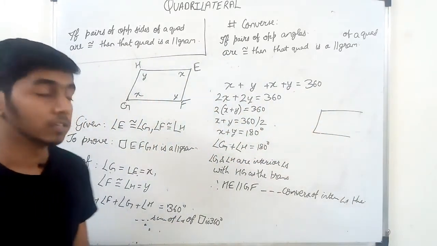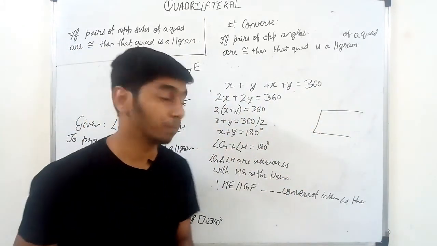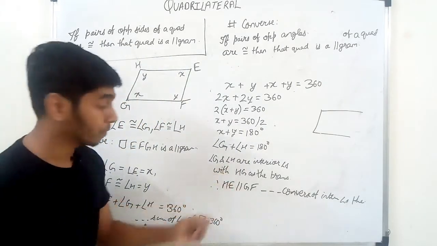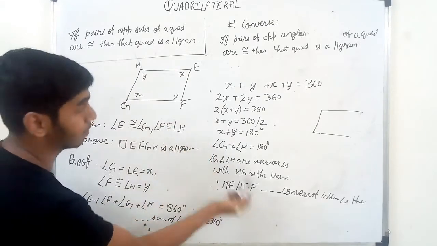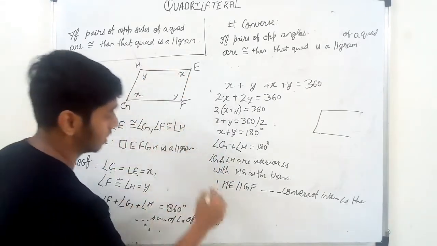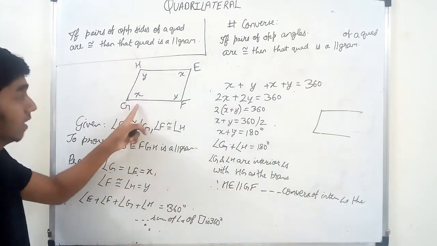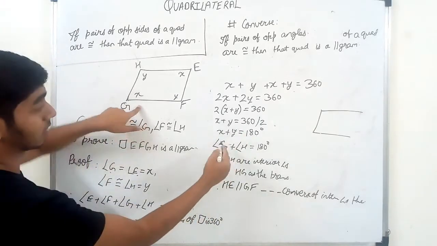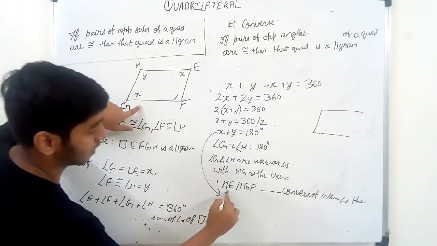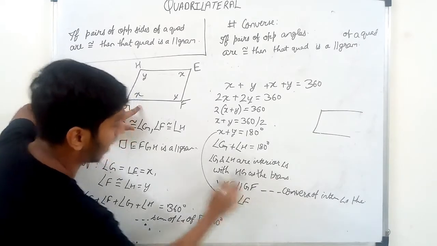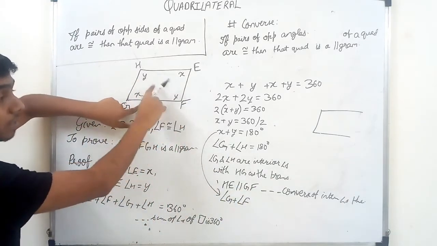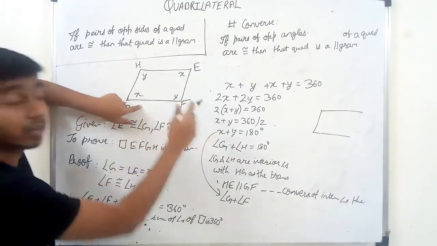Okay. So I hope you have understood this. So by converse, same way we can also prove, sorry, HE and GF we have proved. So we can prove HG and EF, or we can say consider x plus y here, right? So from here we can say angle G plus, instead of y we substituted h here, now we'll substitute f.